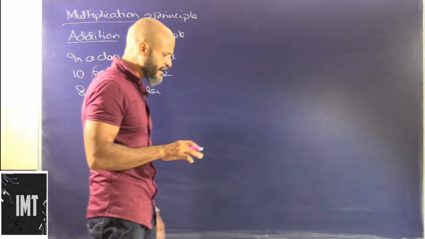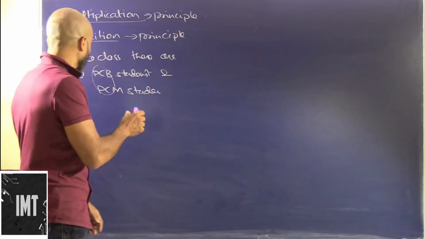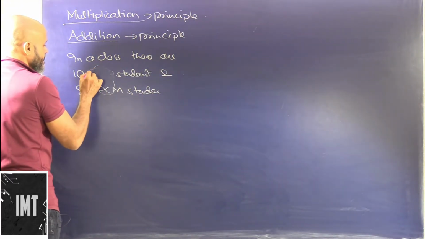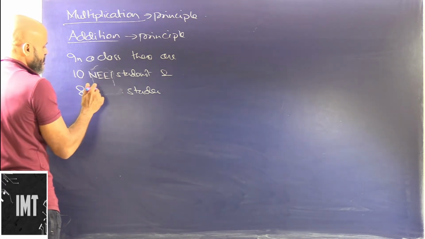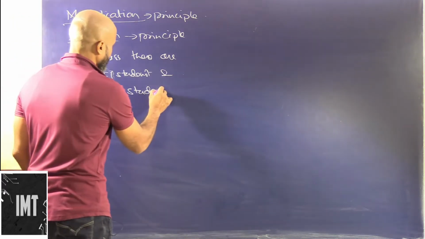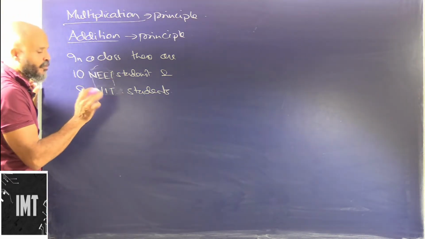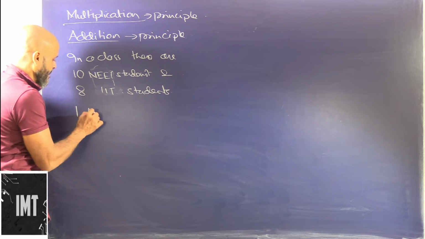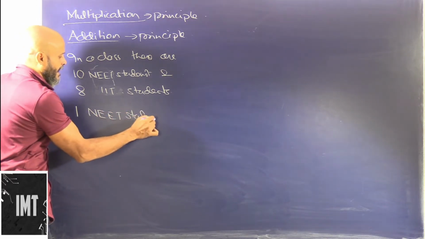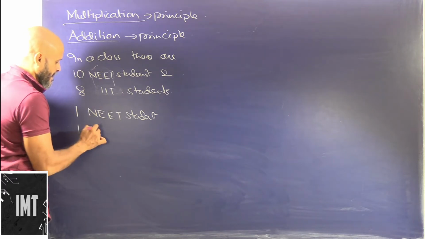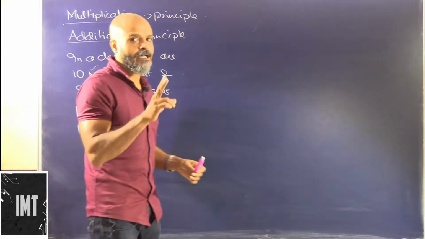So let's say we have 10 NEET students, 10 students preparing for the NEET examination, and 8 students preparing for the IIT examination. Now at random we have to select one NEET student and one IIT student.